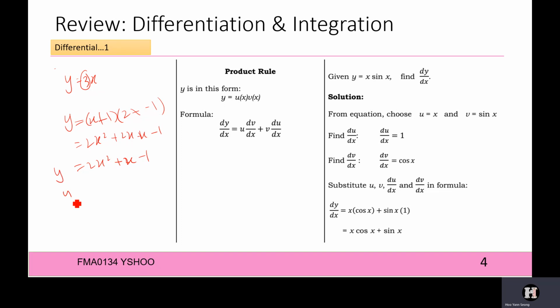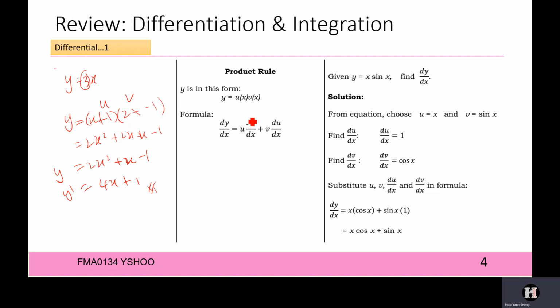We differentiate from here and get 4x plus 1. That's all. But if you don't want to expand and want to treat this question as a UV, there is nothing wrong. You can use the UV product rule, it doesn't matter. The only thing is your working is a little bit longer compared to your friend, maybe ending up with 3 rows. It depends on how you do your UV.